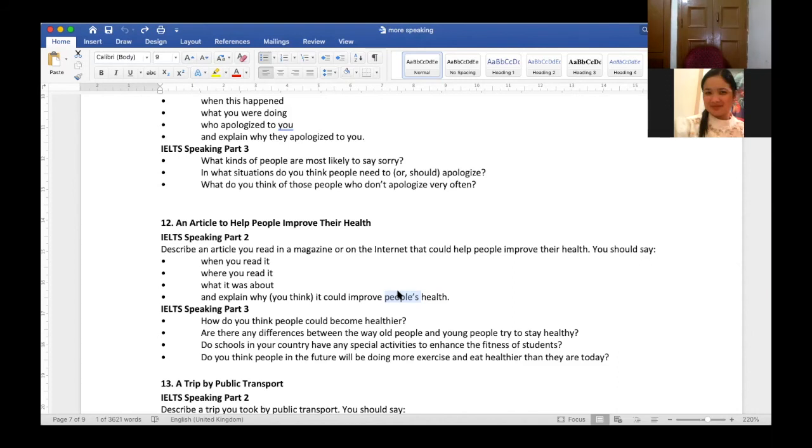Okay. Describe an article. Lately, there has been a huge buzz all over the internet about the keto diet among health advocates, gym instructors, and those who are eager to lose weight.